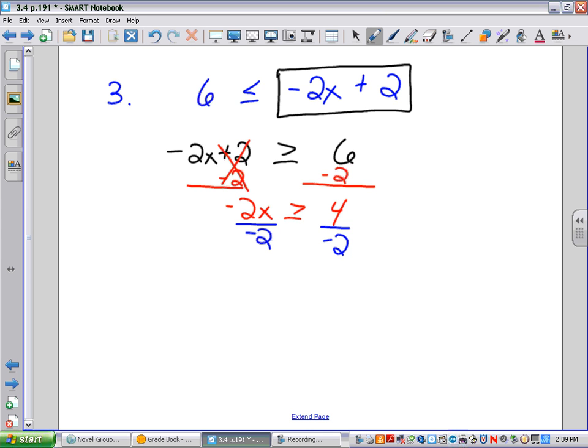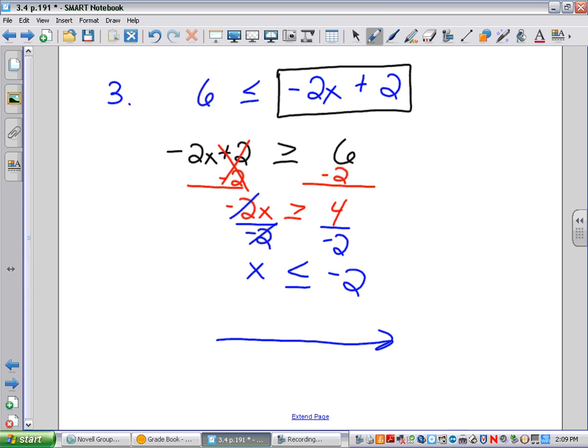Because I'm dividing by a negative, I have to switch the sign again. So actually in this problem, you switch the sign twice. I can mark out my negative 2's, x, and 4 divided by negative 2 would be negative 2. I now have it solved.